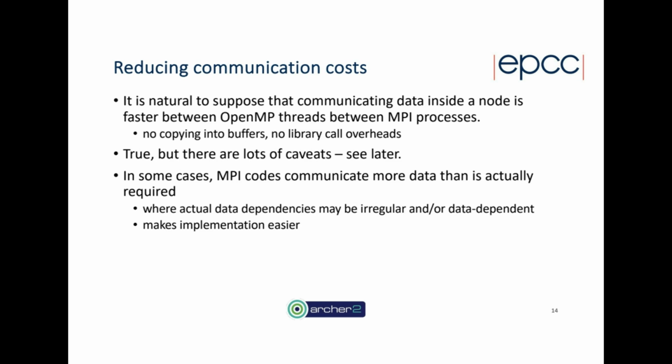Now, about reducing communication costs. Your first thought about hybrid MPI and OpenMP is maybe that, obviously, it's going to reduce the communication costs, because communicating data inside a node is going to be faster between OpenMP threads than between MPI processes, because there are no intermediate buffer copies required, and no overheads of calling into the MPI library.